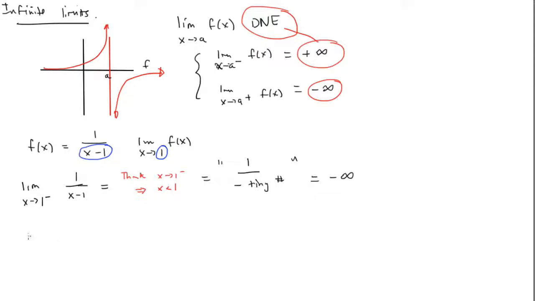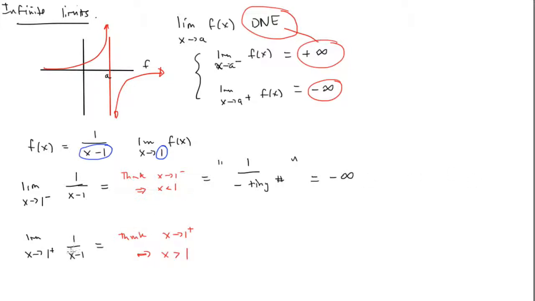Okay, and on the flip side, if we come at it from the right, well, now I'm going to be thinking, if x approaches 1 from the right, then that means that x is actually bigger than 1.